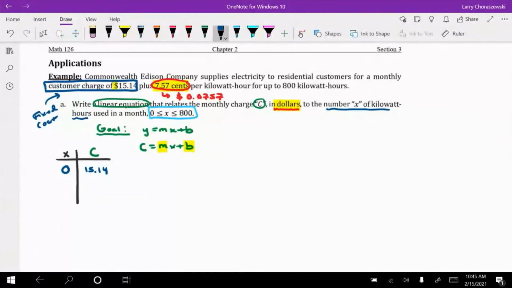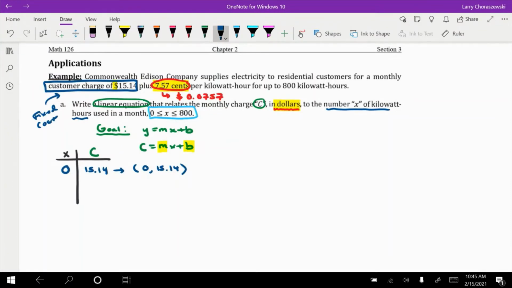If we think in terms of the graph of a line, this would be translated into an ordered pair at 0, 15.14. What I'd like to do is get another ordered pair on this line by filling out this table with one more x value.